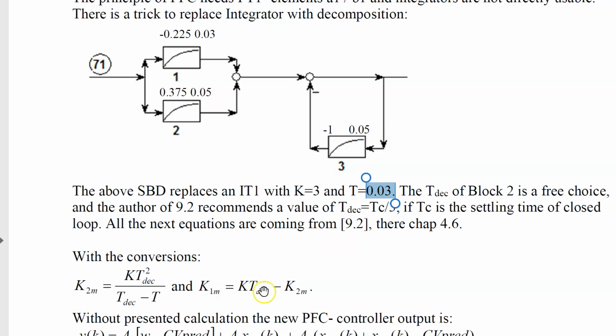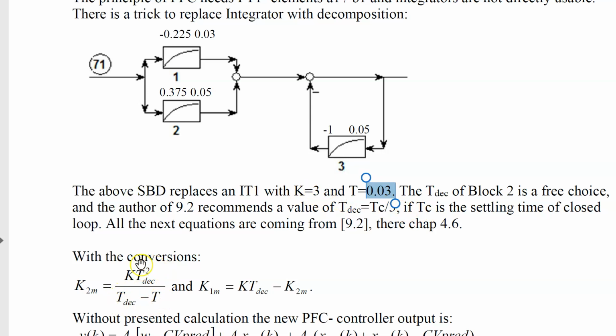We call this T-deck. T-deck is the free choice, 0.05 in our example. T is the time constant of the IT1, our 0.03. K is the PI gain, our 3 in our application.